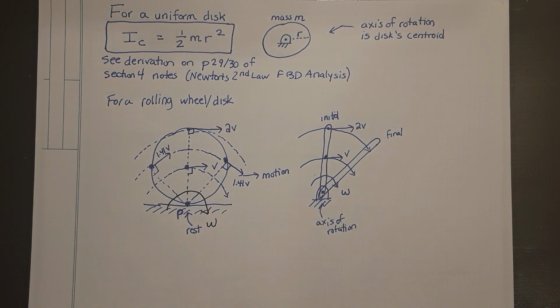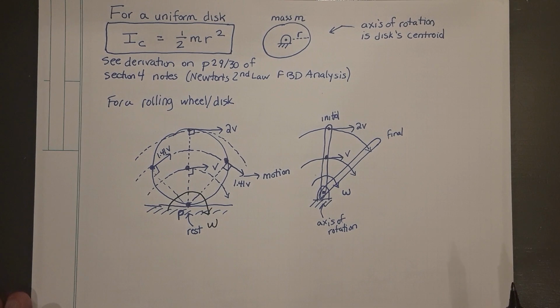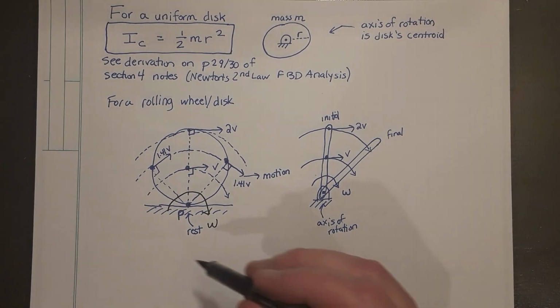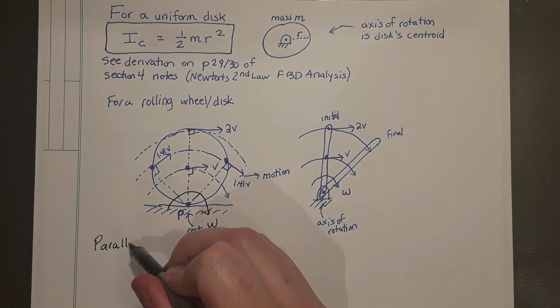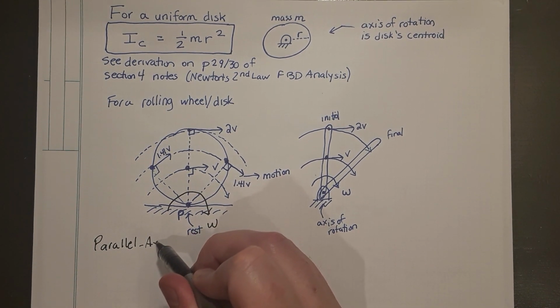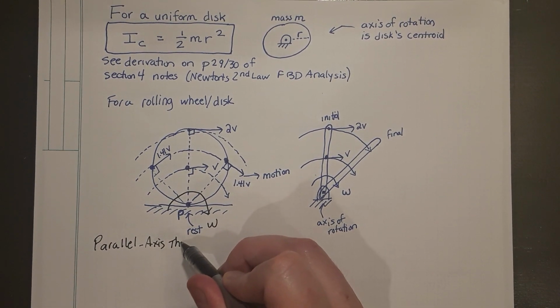So the question becomes, when I have an object that is spinning around an axis that is not its center of mass, but in fact a point that is different than its center of mass, how do we calculate how difficult it is to spin? And that brings us to the concept of the parallel axis theorem.